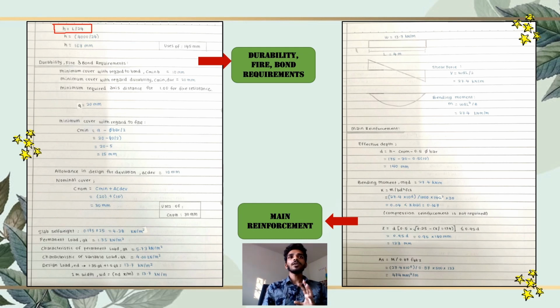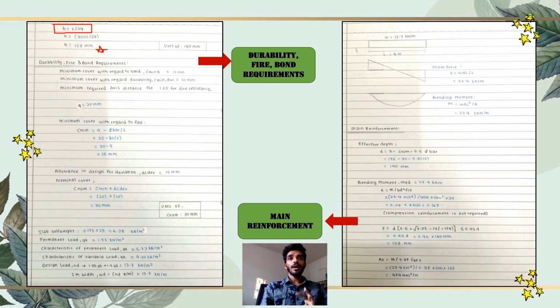Our L is 4.00, which is equal to 4000 millimeters, divided by 24, which is the constant. The answer that we retain is 167 millimeters. When we use the code, we will use 145 millimeters in order to satisfy the durability, fire, and bond requirements.